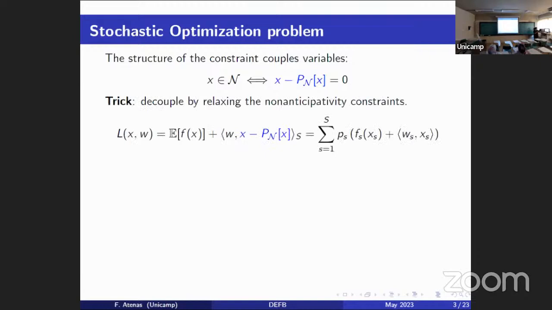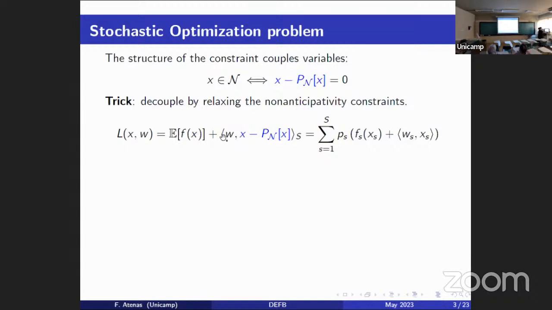So the trick here is that we are going to decouple by relaxing this coupling constraint, and then pass it to the objective function. So the Lagrangian in this case is simply the original expected function plus the linear relaxation.